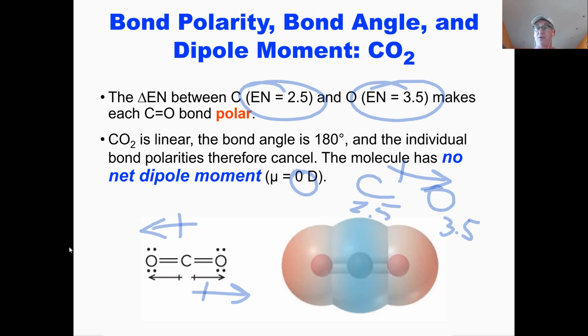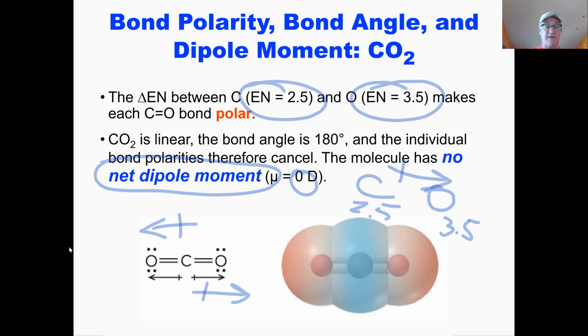So those dipoles are exactly the same size. Now we have to look at the direction. If they each go in the same direction, then they add up, either up, or if they're bent down, the dipole will go down. But the net dipole is adding up both the direction and the total amount.